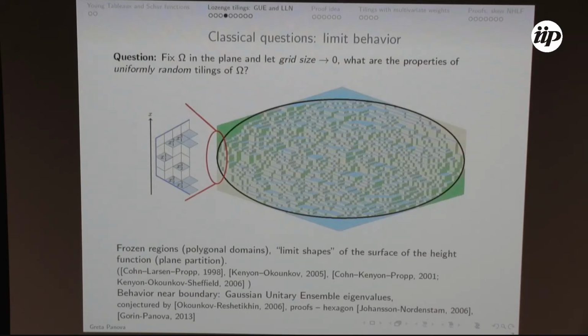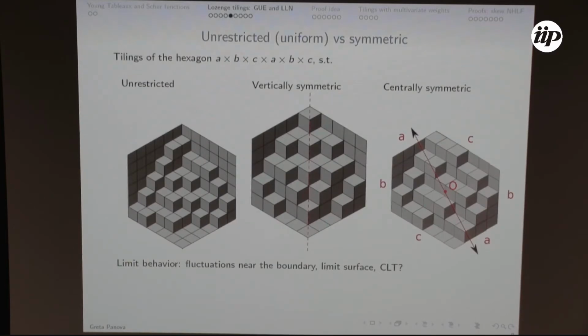And how do we prove many of these properties? I will show how one can use Schur functions and algebraic combinatorics to do this. But before I go there, I want to extend the models in a maybe unusual way and impose a global symmetry. So far we have unrestricted Lozenge tilings.